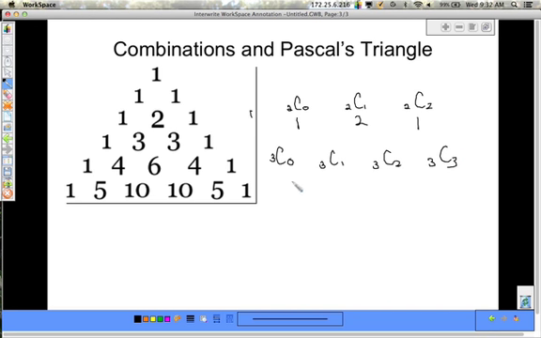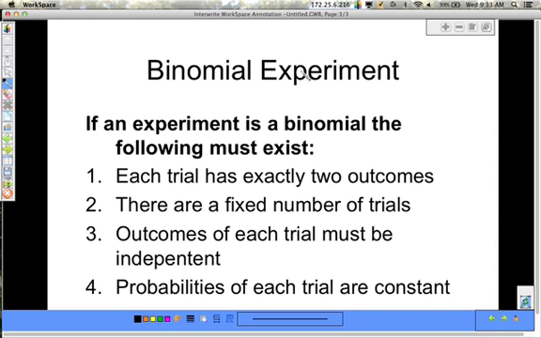You got 1, 3, 3, 1. So these combinations, they appear in Pascal's triangle as well. We have row 1, row 2, row 3, and it relates to the number we're choosing from, 0, all the way up to our total of 3. So we're going to be using this when talking about binomial experiments today.